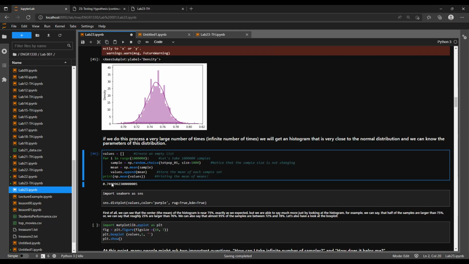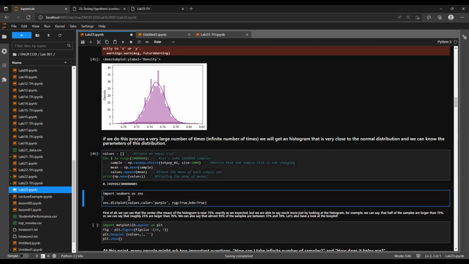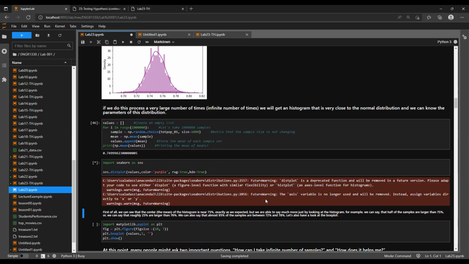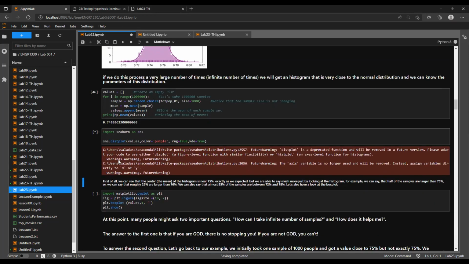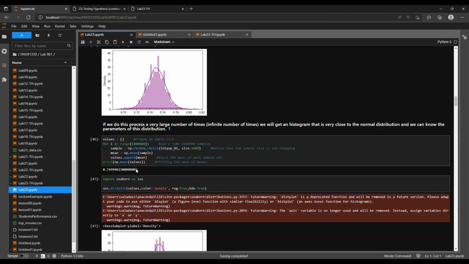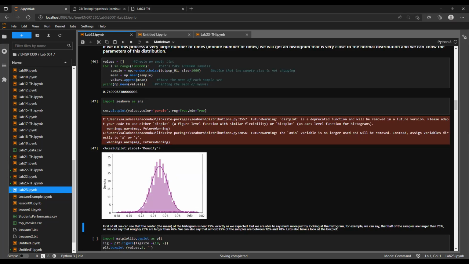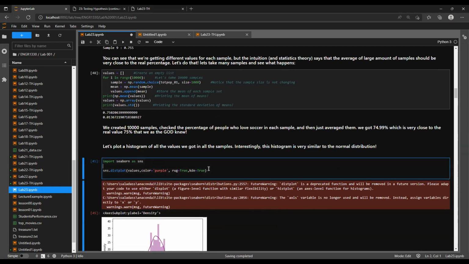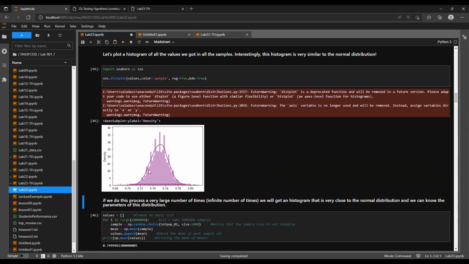All right, so instead of 74.99, we have 74.999. Let's see what it looks like when we make a histogram. Okay. As we can see, the thing we're really interested in is the line. When I run the smaller sample, we get the line.